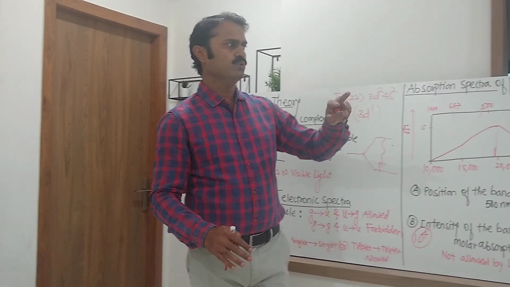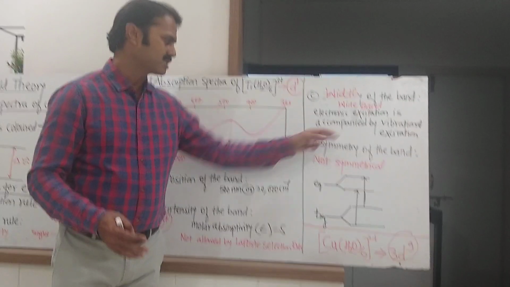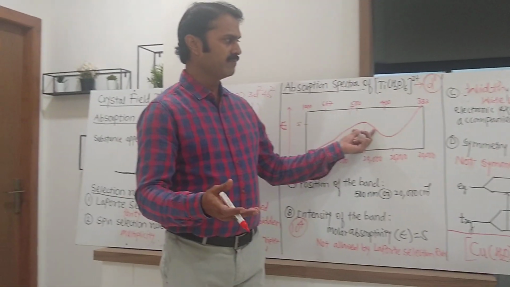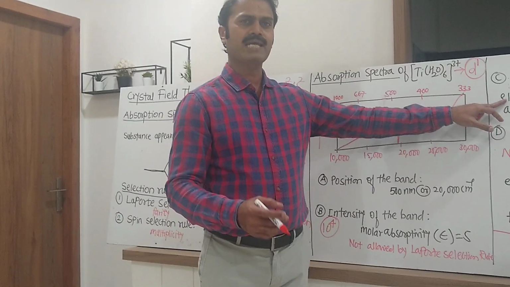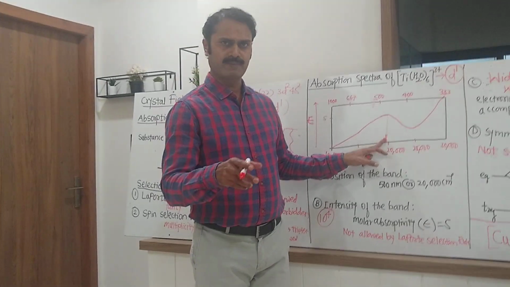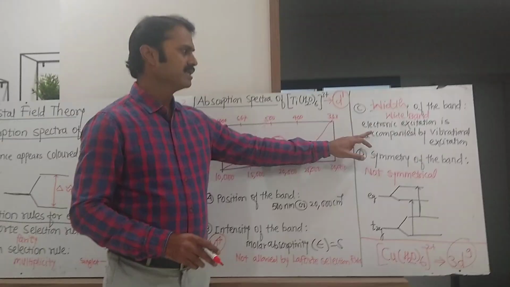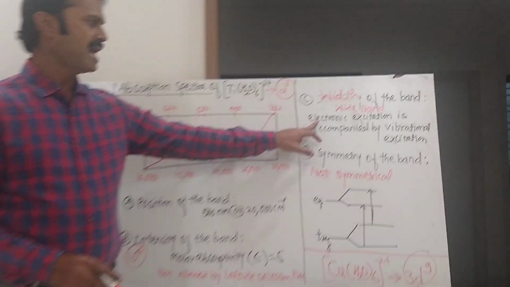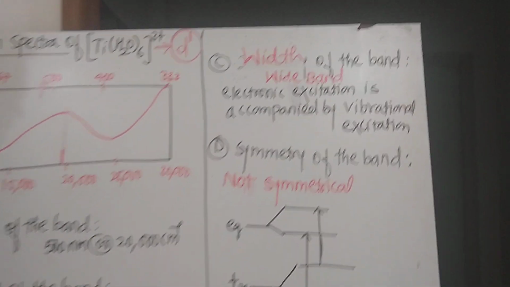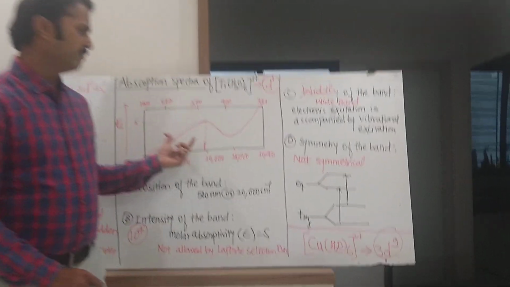Due to these two excitations, electronic as well as vibrational, the nature of band is wide. If there were only electronic excitation, the band would have been sharper. But in this case the band is wide because the electronic excitation is accompanied by vibrational excitation.